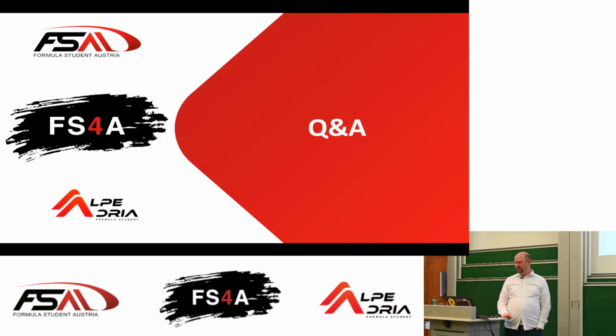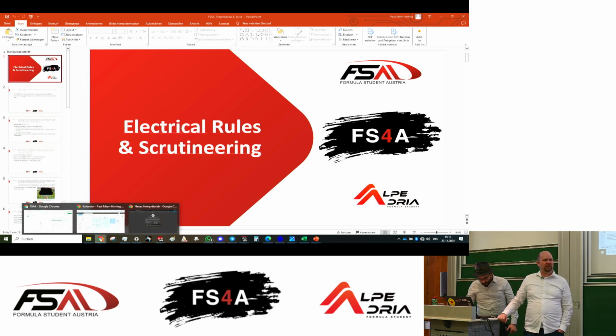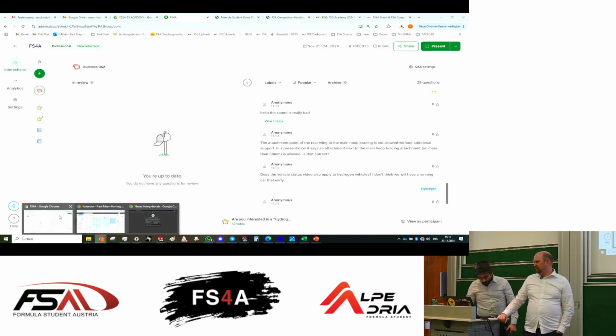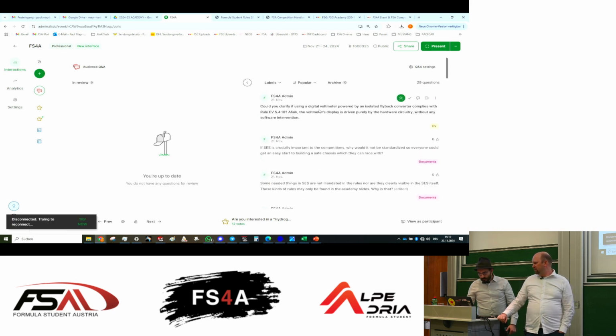The first question is regarding the indicator. Could you clarify if using a digital voltmeter powered by an isolated flyback converter complies with rule EV5410? Since the question says the voltmeter is purely built in hardware, it should be valid.